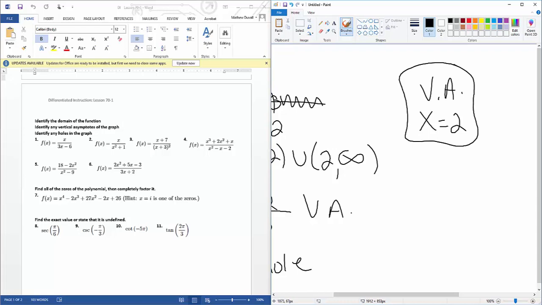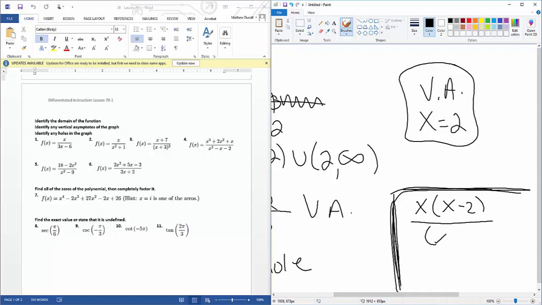Now, another way to know if it's a vertical asymptote or a point of discontinuity is how it reduces. Meaning, on a side example, let's just say if I had x times x minus 2 over x minus 2. Well, I do have an undefined value at 2, right? Because if I plug in 2, I get 0 in the denominator.